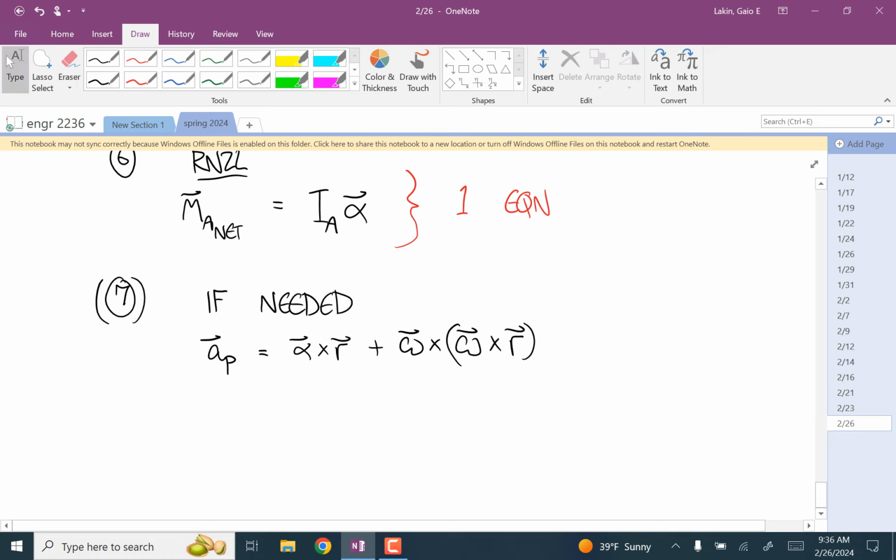And often you'll have to combine this with relative motion. So like the acceleration of P relative to the ground is equal to the acceleration of P relative to some intermediate point plus the acceleration of A relative to the ground.